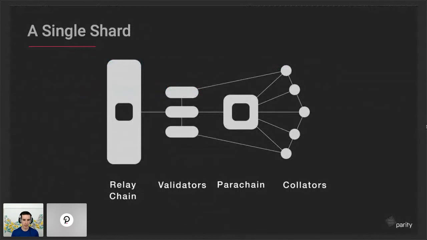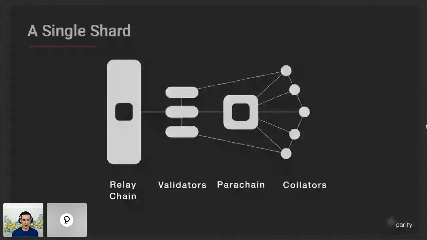And then we have parachains, which are all these shards of the Polkadot system. We also have parathreads, but we're not going to talk about those much today. There are a few differences, but generally speaking, just use parachain as interchangeable with parathread. And then we have validators and collators, and we're going to dive into how they interact and what their roles are here.